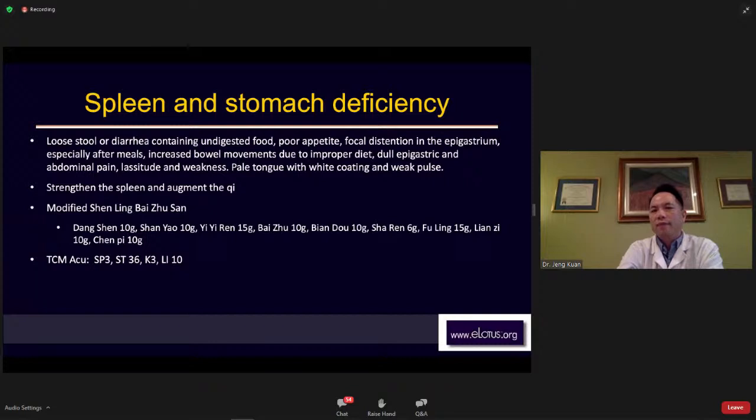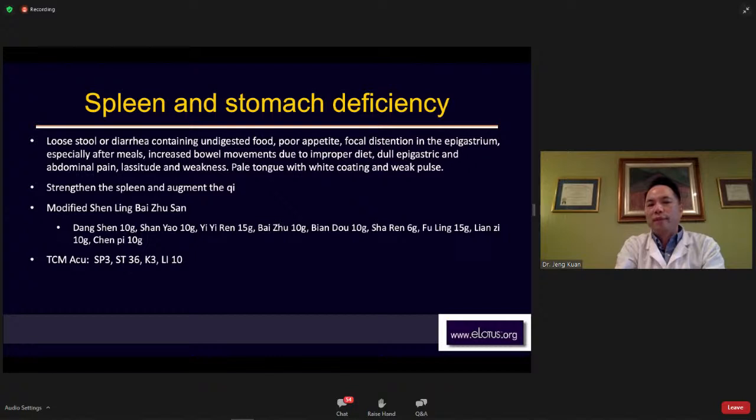A lot of times, people with this kind of pattern will also have an urge to go to the bathroom after they eat, because spleen deficiency is not able to hold. So that's another common symptom that patients might tell you. They have frequent bowel movements, especially after they eat. Pale tongue with white coating and weak pulse could be the manifestation. So obviously the treatment plan would be to strengthen the spleen and tonify the qi.